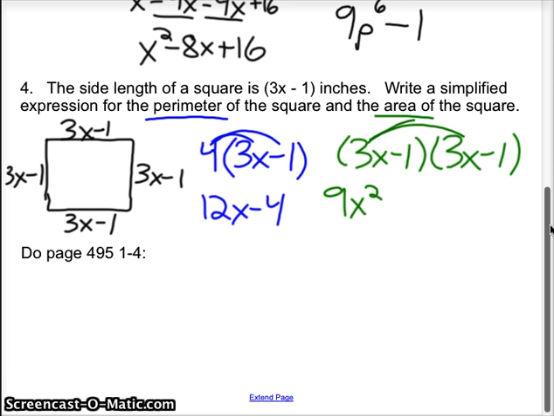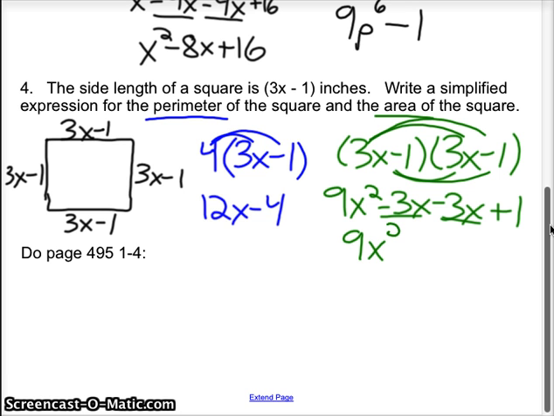O for outside, 3x times -1 is a -3x. I for inside, -1 times 3x is a -3x. L for last, -1 times -1 is a positive 1. So I go to combine my like terms. I have 9x squared, negative 3x minus 3x is negative 6x, and then plus 1.